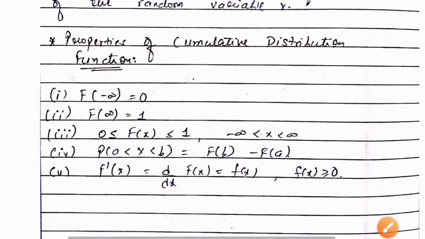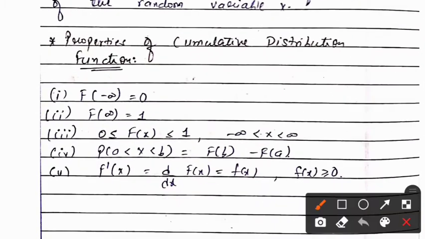Let us see some of the properties of cumulative distribution function. First, F(minus infinity) must be equal to 0, F(infinity) is equal to 1, and 0 ≤ F(x) ≤ 1, where x is from minus infinity to plus infinity.